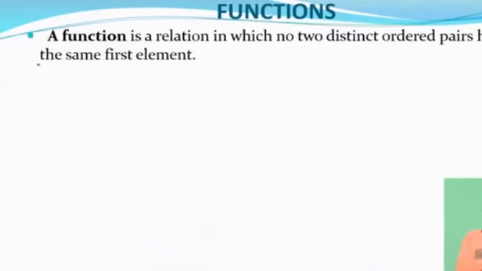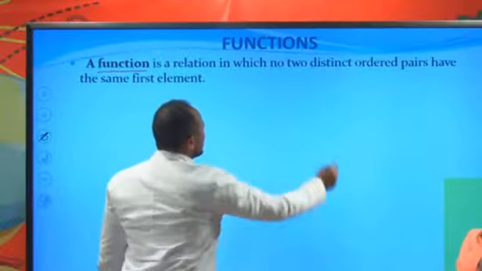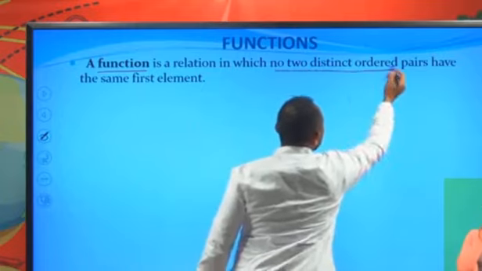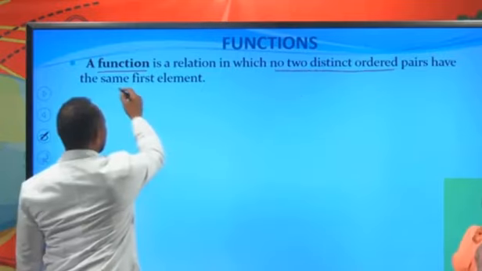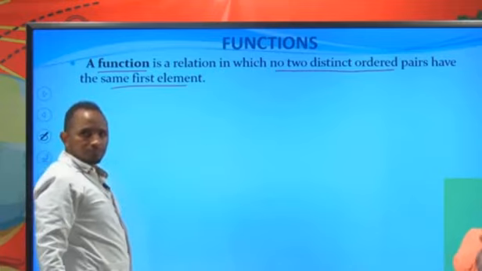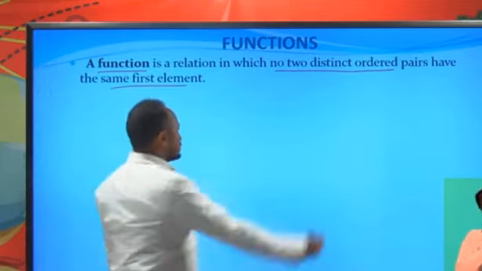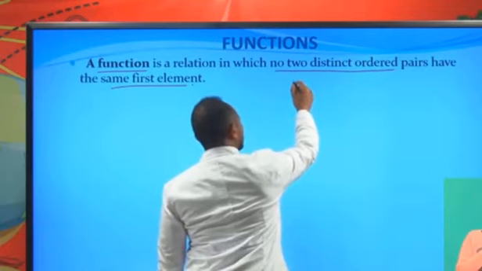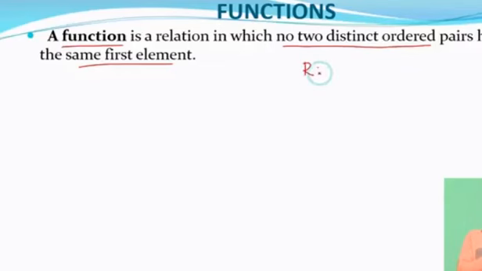Functions. A function is a relation in which no two distinct ordered pairs have the same first element. For example, let's take R as {(1, 2), (3, 4), (1, 3)}.